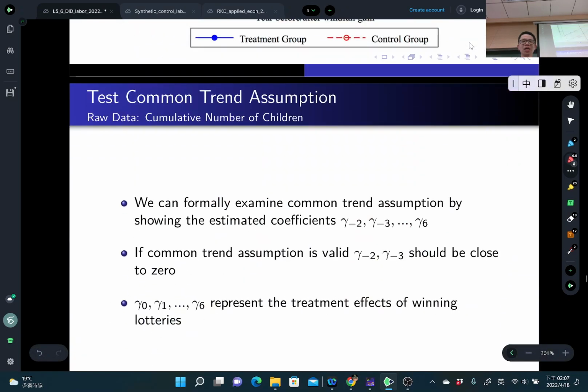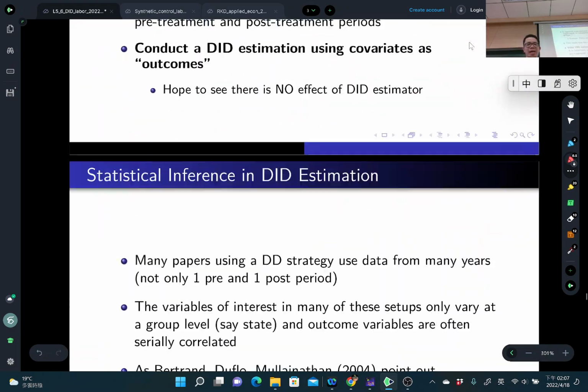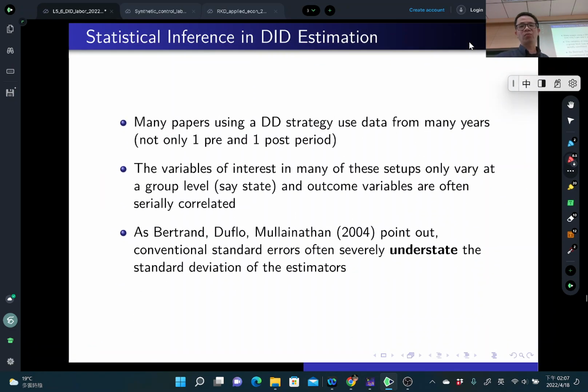But for the difference estimate, we usually focus on the group level: you are in the treatment group or the control group, or you belong to that state or another state. And within the state or within the group, individuals might have some relationship.